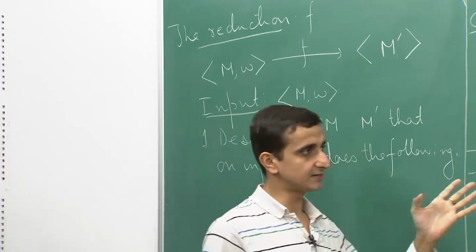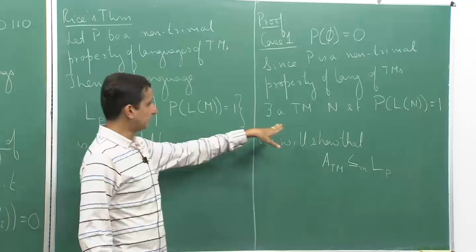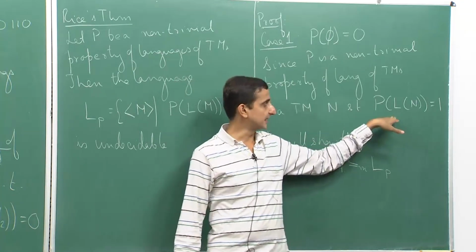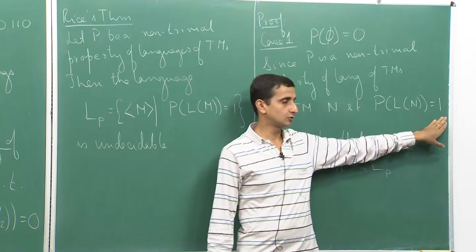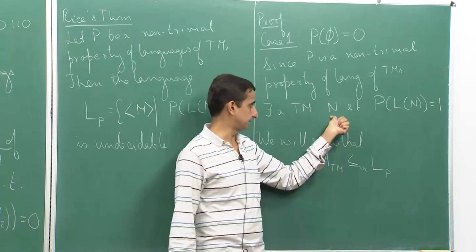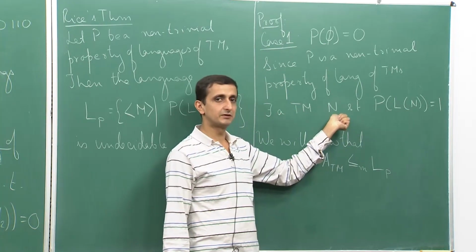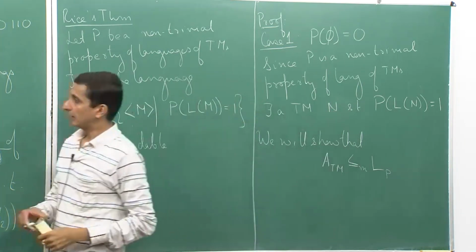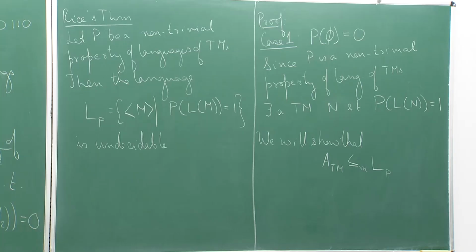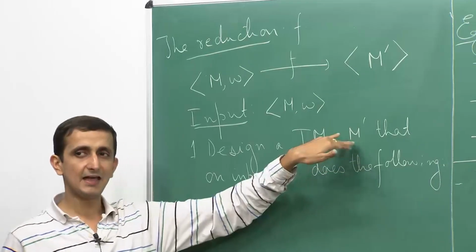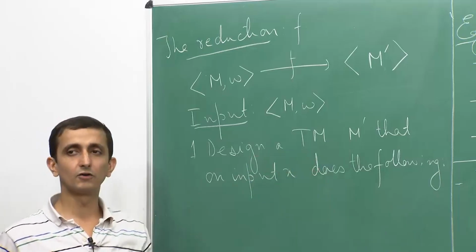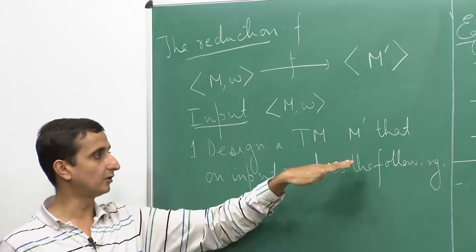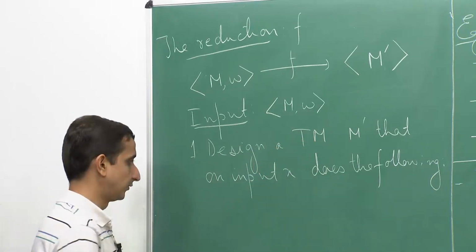We just saw that there exists a Turing machine N whose language satisfies the property. We will assume that the Turing machine M prime that we are going to design has a copy of N hard coded into its description. Of course, it has M and W also, but it also has this Turing machine N hard coded.